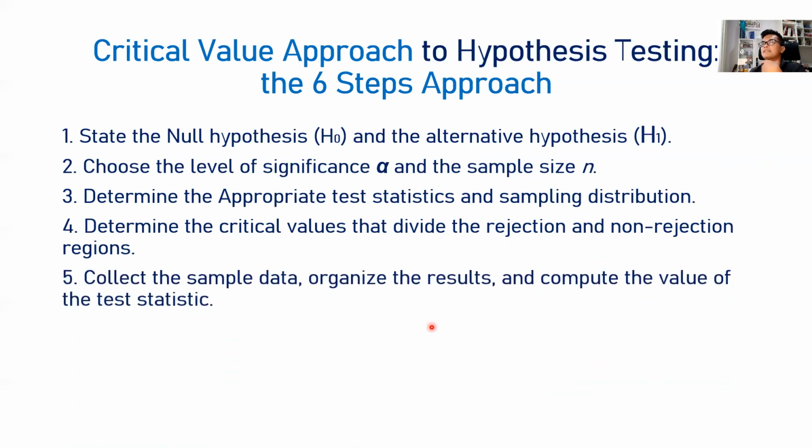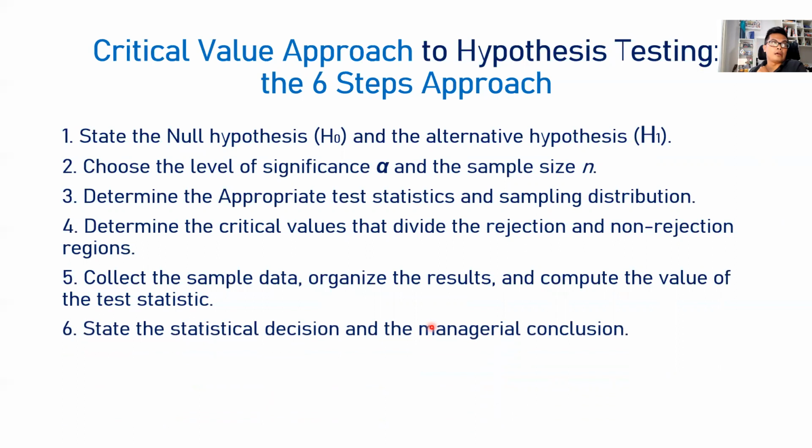Five is to collect the sample data, organize the results, and compute the value of the test statistic. And based on the location of the test statistic within or excluded from the regions of non-rejection, we can conclude the statistical decisions and the managerial conclusions.